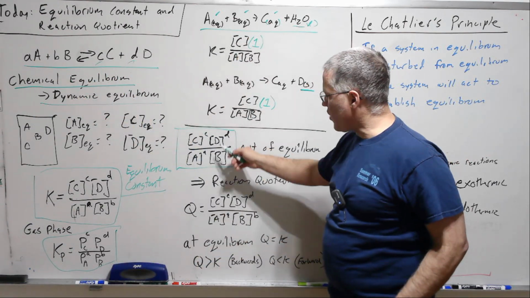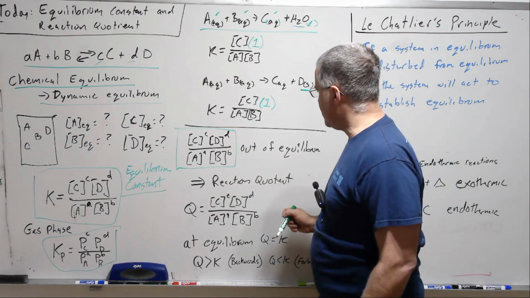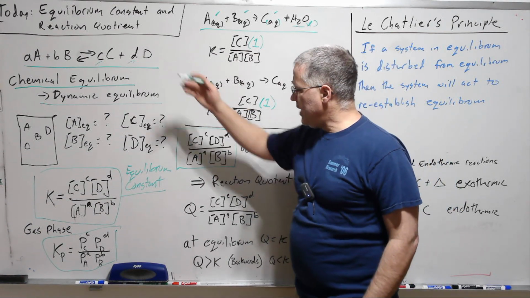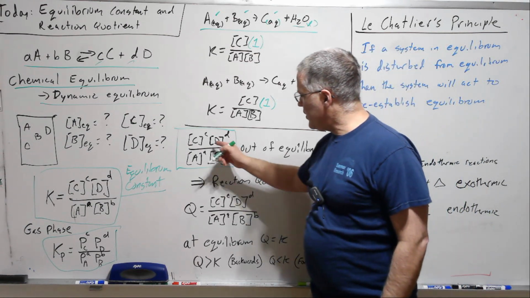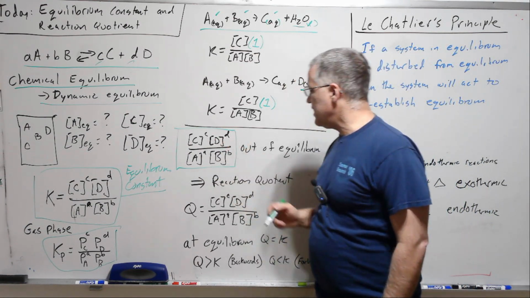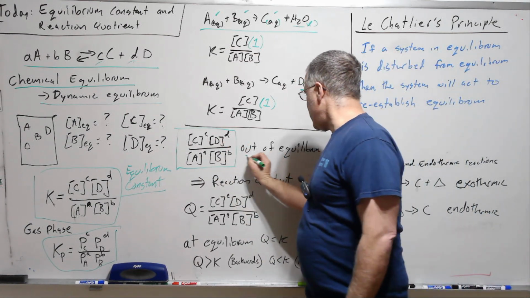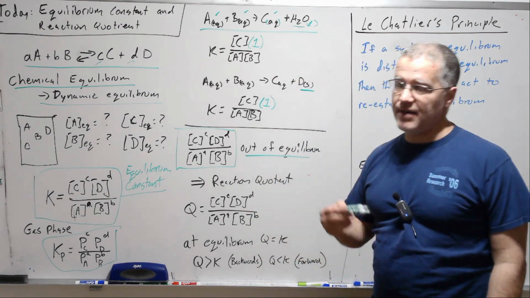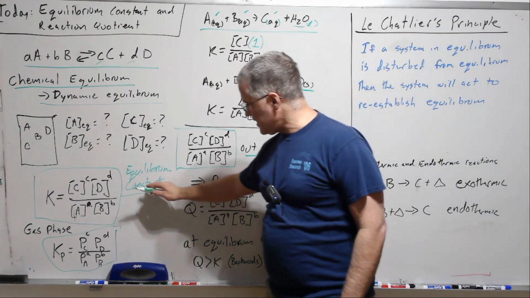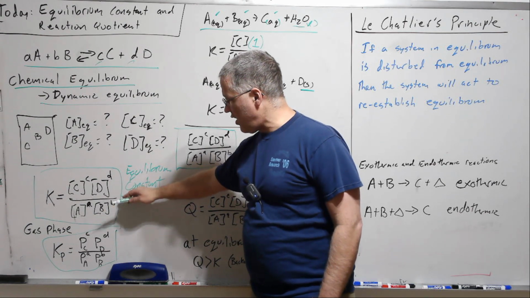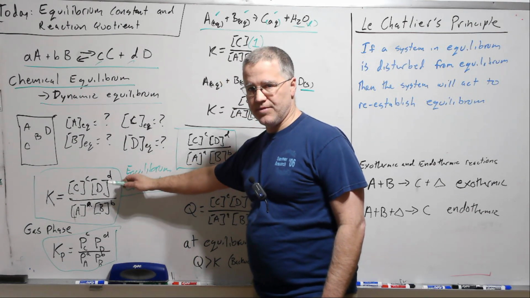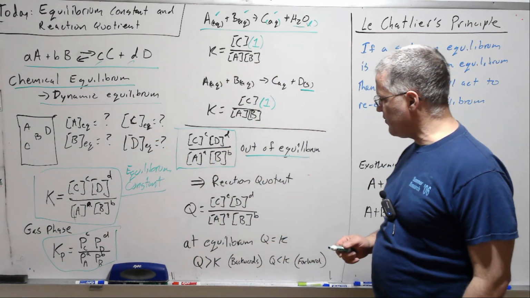So we want to be able to describe where we are in the reaction at any given situation. And so we write the analogous ratio, but we can't call it an equilibrium constant. We can't even call it constant. So this is a constant. This will be what these are when we come to equilibrium. That won't be changing. That'll be a constant for a given reaction.